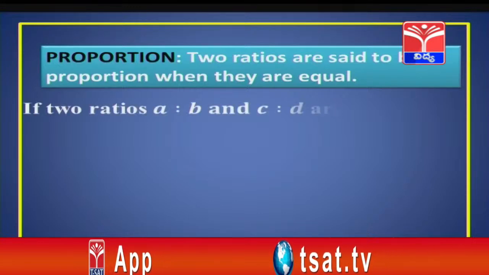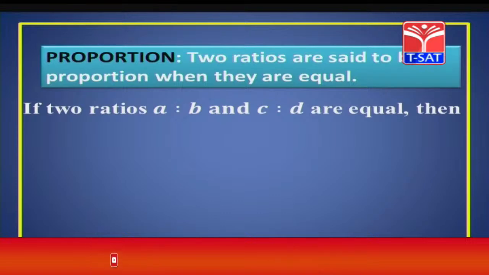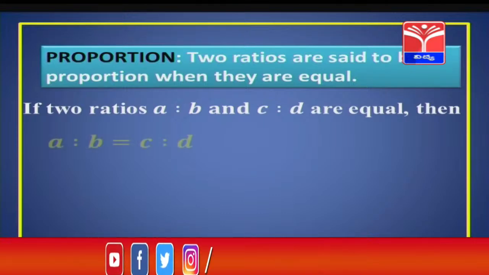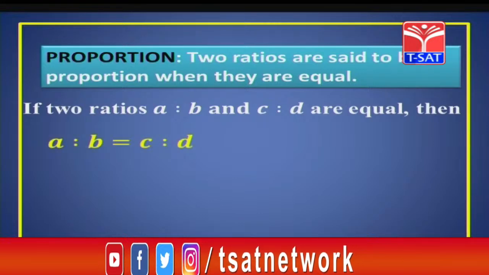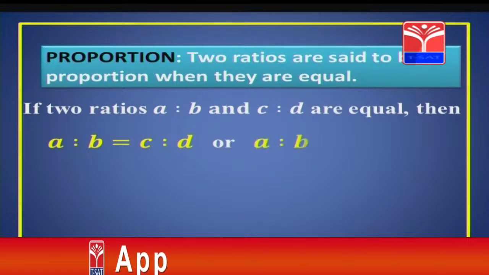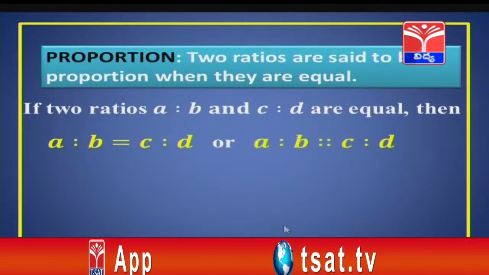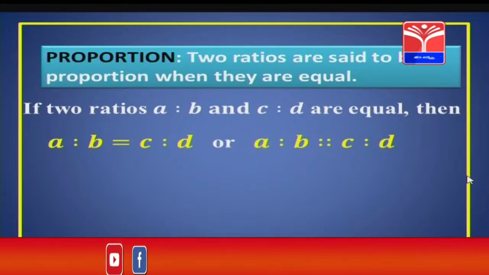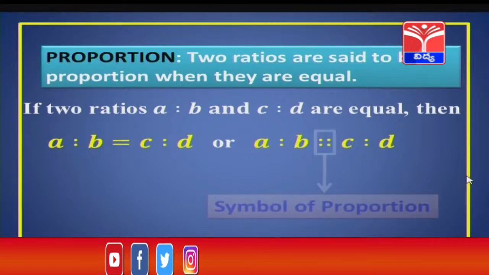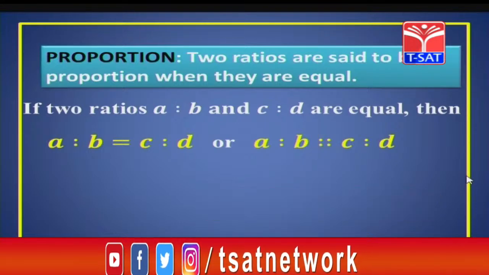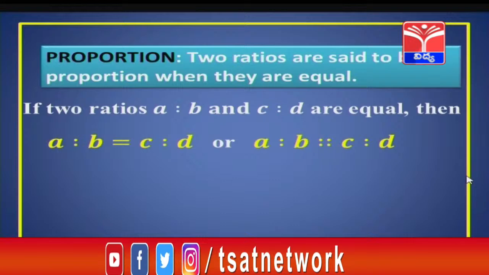That means, if we have 2 ratios A is to B and C is to D and both are equal, then we write A is to B equal to C is to D, or we can write it as A is to B, and there are two colons here. If you notice, there are two colons, C is to D. Now, these two colons is the symbol for proportion.